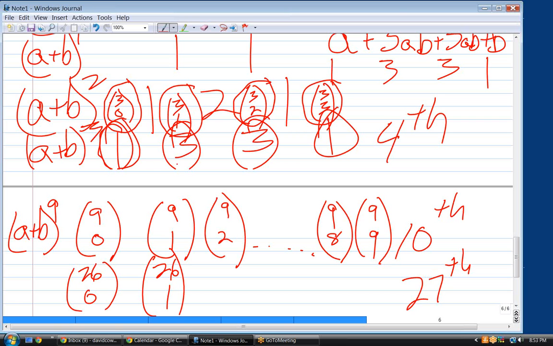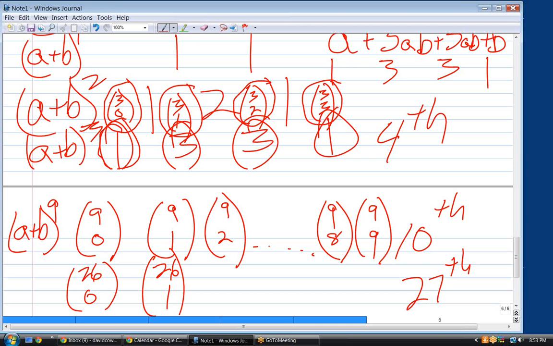Notice the third row, excuse me, let's see, that's 2, 3, 4. The fourth row has 4 terms in it. So the 27th row has 27 terms in it. Hold on a second, I might be wrong here. Yeah, I am. The 10th row is actually, let's see, the first row was an exponent of 0.